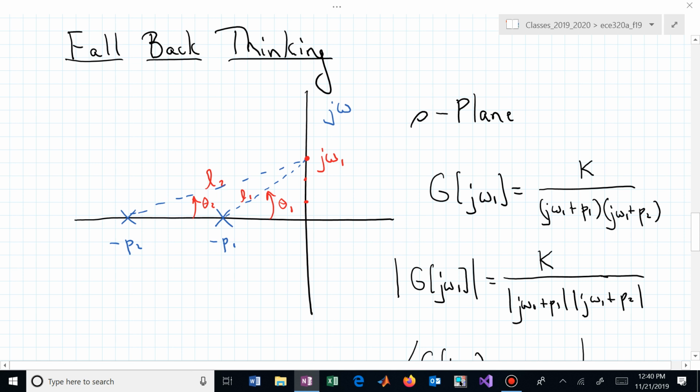That additional length is labeled L sub 2 in this diagram. And that goes in the denominator as well. If you now find those lengths and multiply and divide appropriately, you now know how the system responds to a sinusoid at a frequency of omega 1.